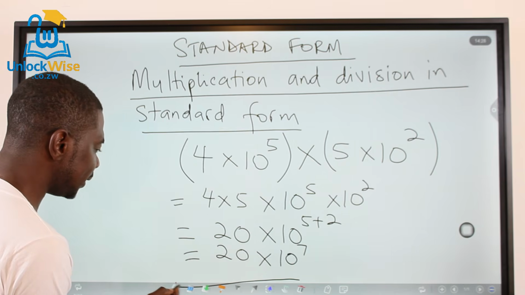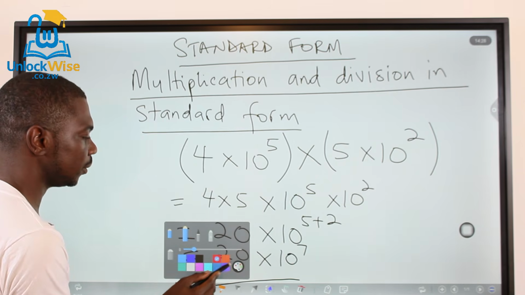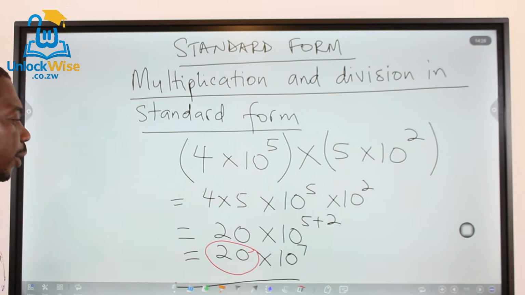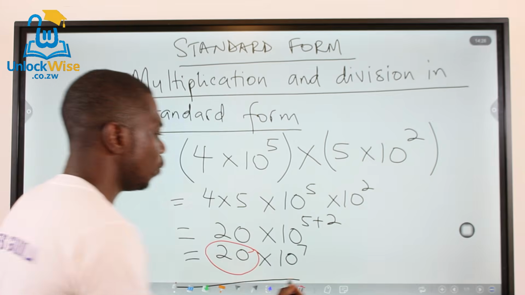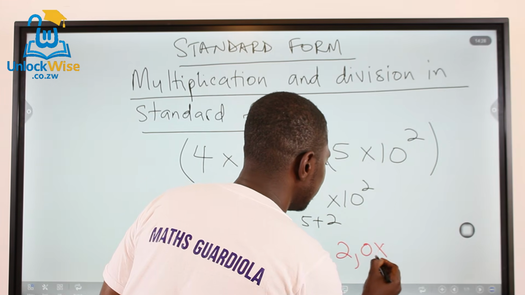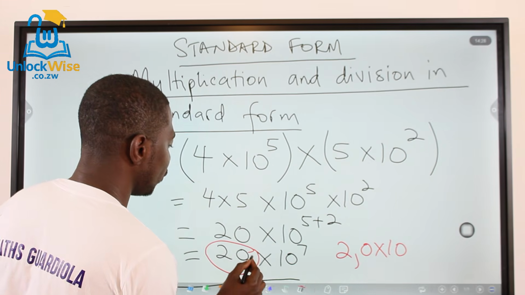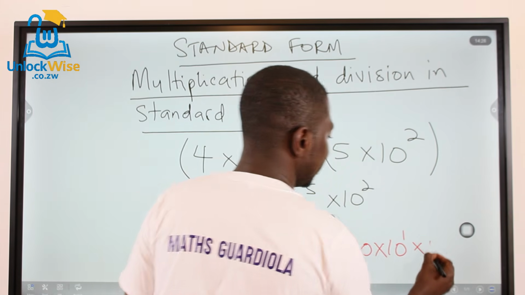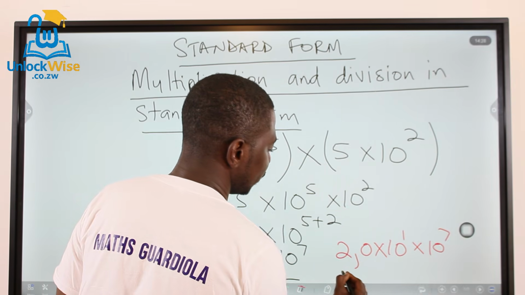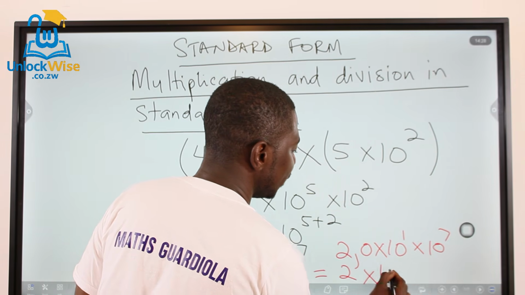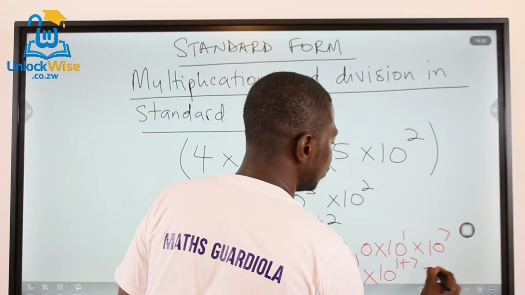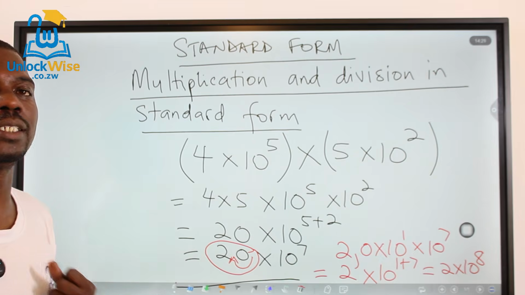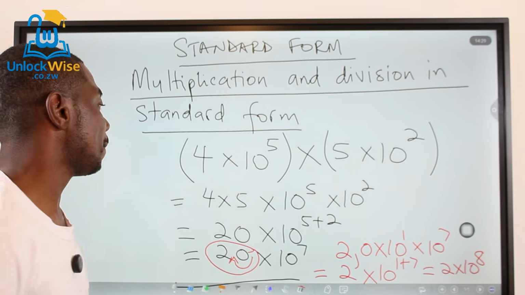But this 20 right here is greater than 10. So you have to put 20 in standard form. This will be 2,0 times 10 to the power 1. How many times does the comma move from here to here? 1. And then we are going to multiply it by 10 to the power 7. And we have 2 times 10 to the power 1 plus 7, which will give us 2 times 10 to the power 8. Let's hope you are getting the sense, right? You are understanding what I'm saying, right?